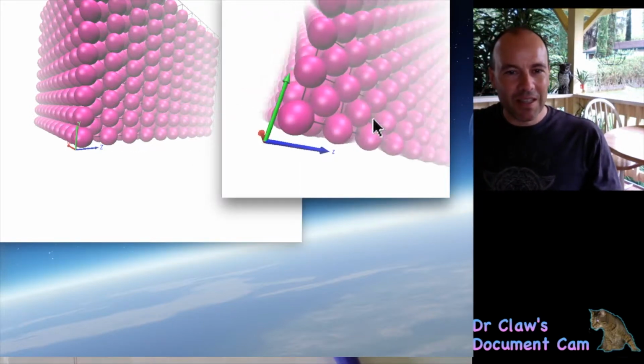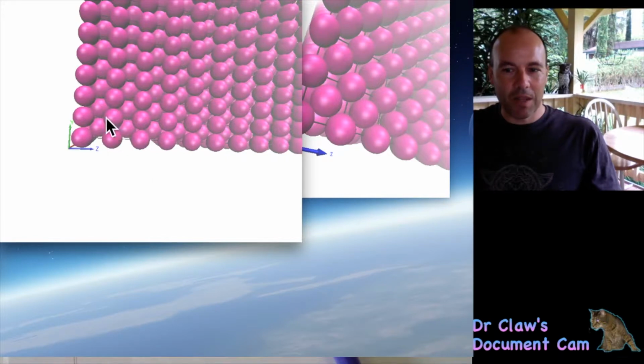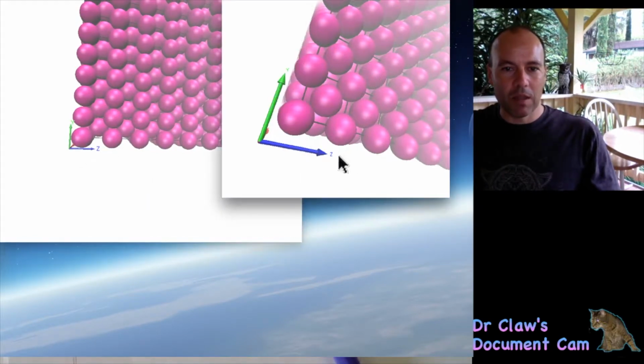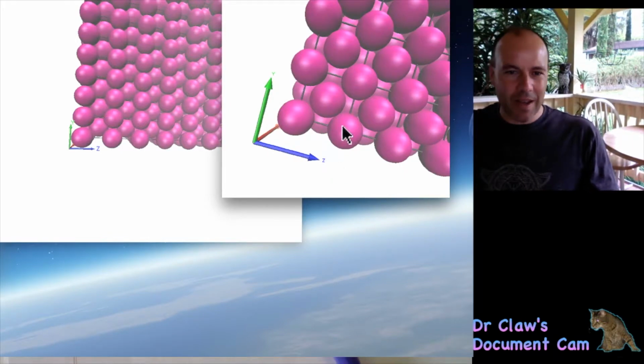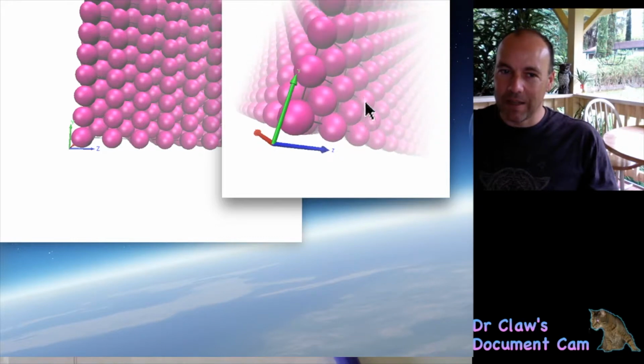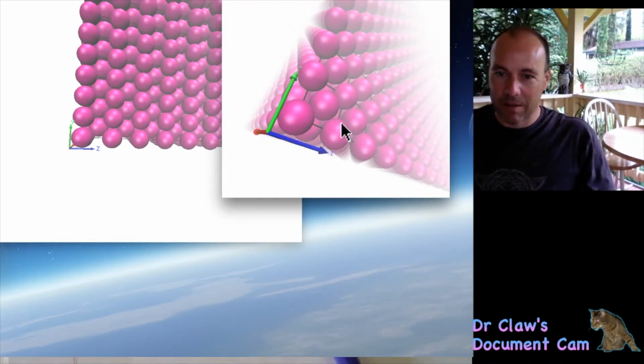Now it's kind of hard to see. It looks like they're different. When you look at it at this angle, these 4 atoms look like a rectangle, whereas if you rotate this one, it's a square. This is obviously different than that one. Well, no, they're really the same. Okay, and I'm gonna demonstrate that to you in a second.